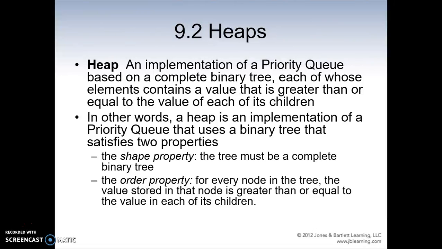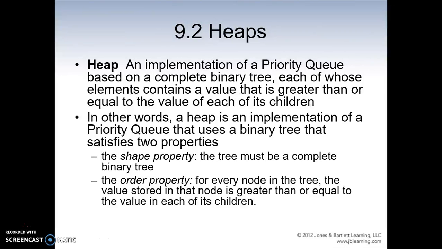So different rules. In order to have the heap for the priority queue, we need to keep two properties. The shape has to be complete, and the order: the parent node is greater than the children nodes, right? So there are two properties for the heap.